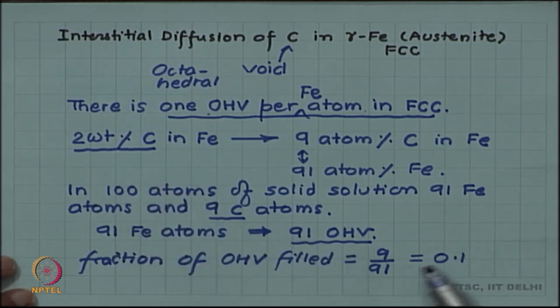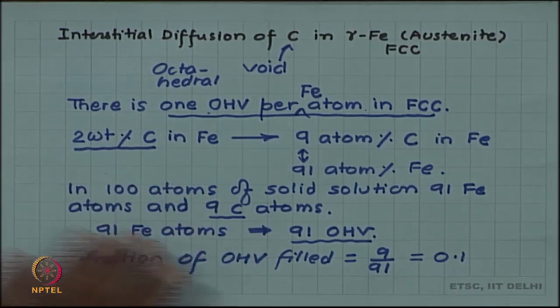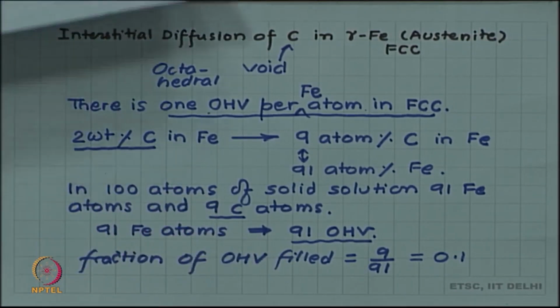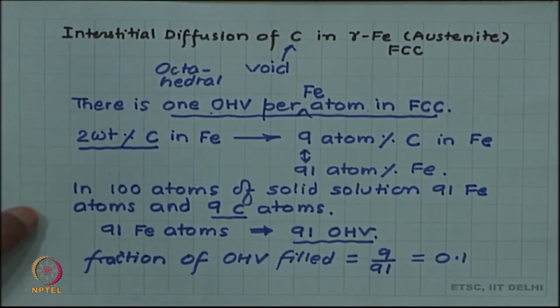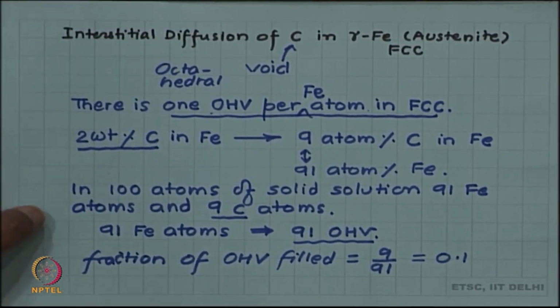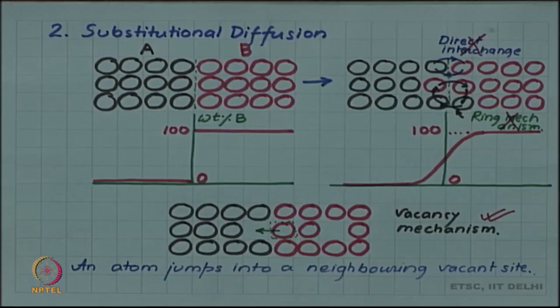So, you can imagine that the probability of finding a vacant site will be very, very high. So, in interstitial diffusion, this vacancy problem does not come, and one does not consider it difficult for an interstitial solute to find a vacant site, whereas in substitutional solution the presence of a vacant site is important for diffusion, and the vacancies are in very low concentration.